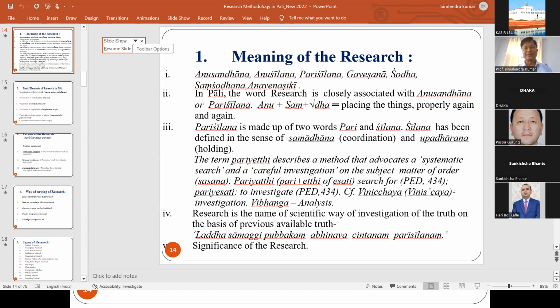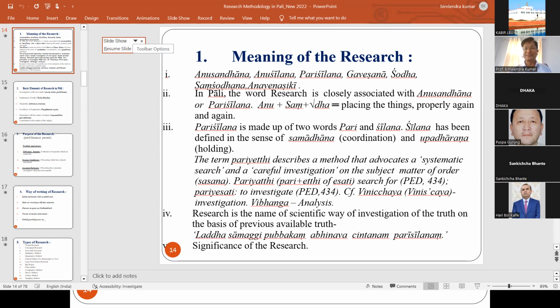You are collecting your materials from libraries, archives, manuscripts, and whatsoever sources, and making coordination of all these research materials in a proper manner, arranging the things, linking the materials in a proper manner in each chapter. This is called samadhan. And here anusilan and parisilan, in the sense of upadharana, give the base for the establishment of new ideas or new thoughts.